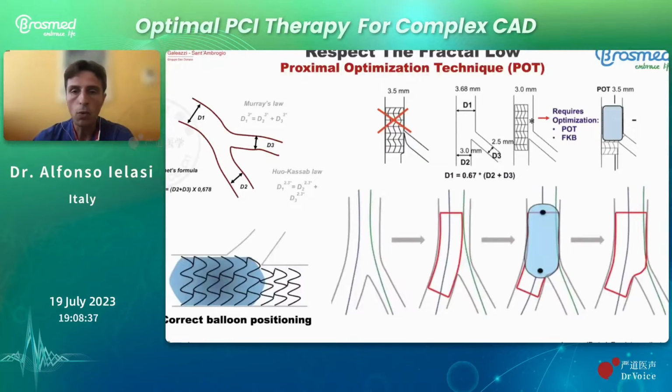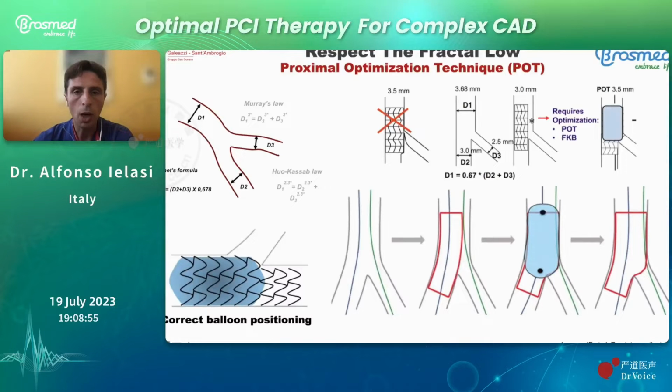So moving to the treatment of bifurcations with a provisional approach, a very important step is to decide the size of the stent, and usually it is decided according to the distal main vessel reference vessel diameter.